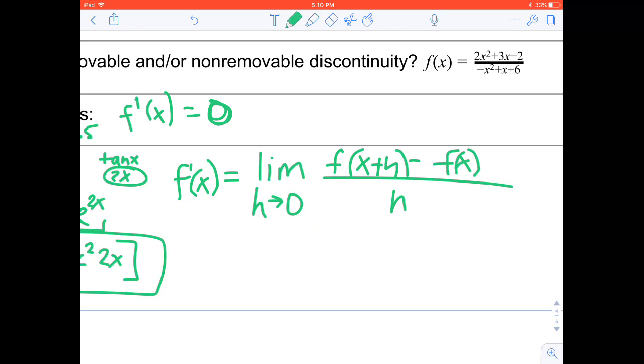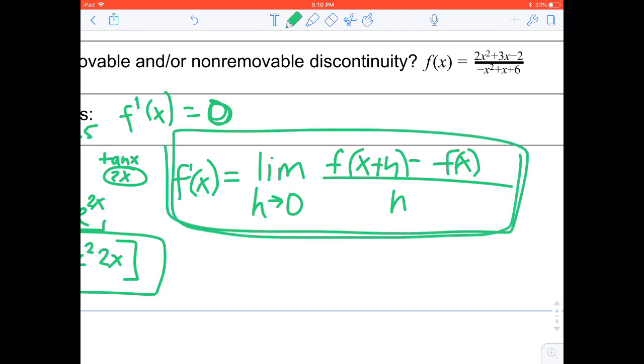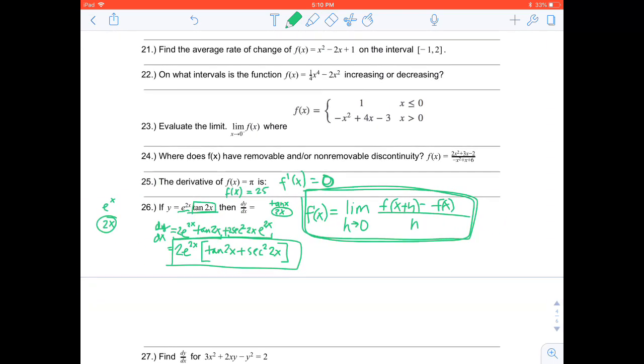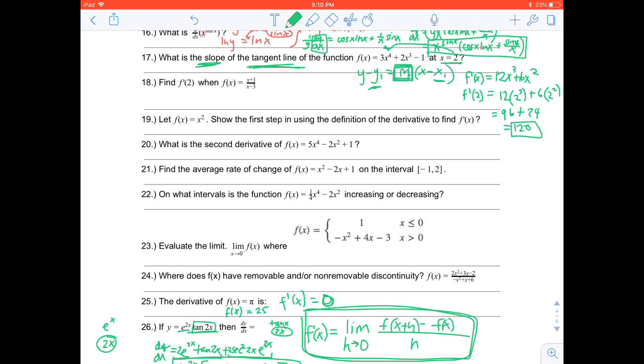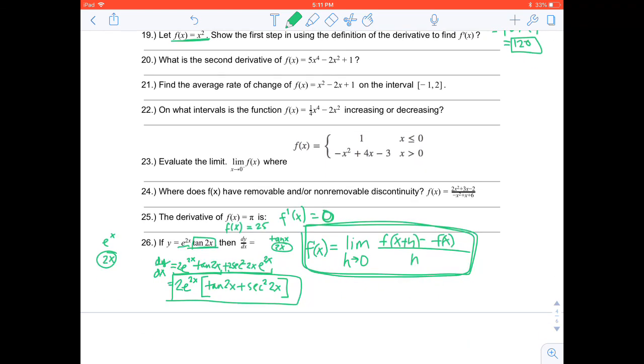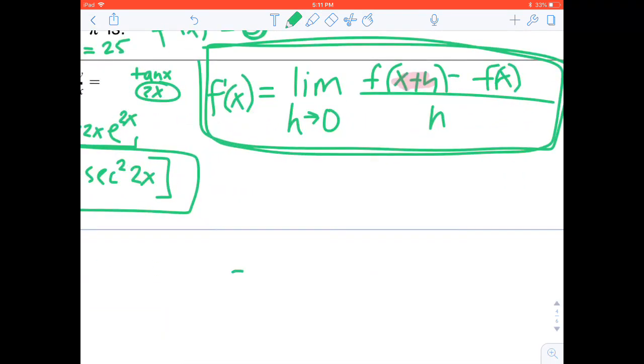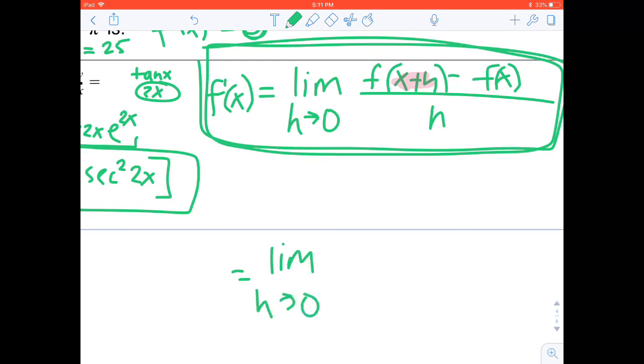So this is a very important definition of calculus in general, and that's what we're using for this problem in order to find the derivative of x squared. So remember, we did it last year in pre-cal honors, and we started out with it this year where we would take f of x, plug in x plus h into it. So we would get the limit as h goes to 0 of x plus h squared, because our f of x was just x squared, so when you plug in x plus h, that's what you get.